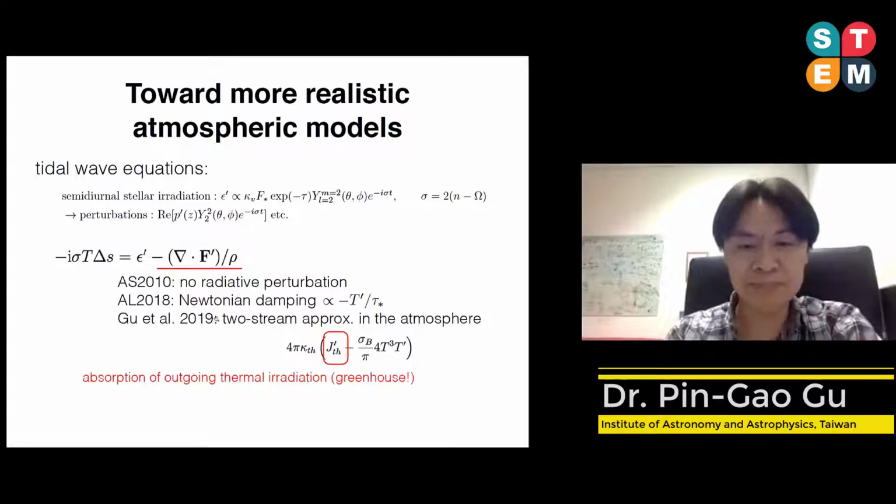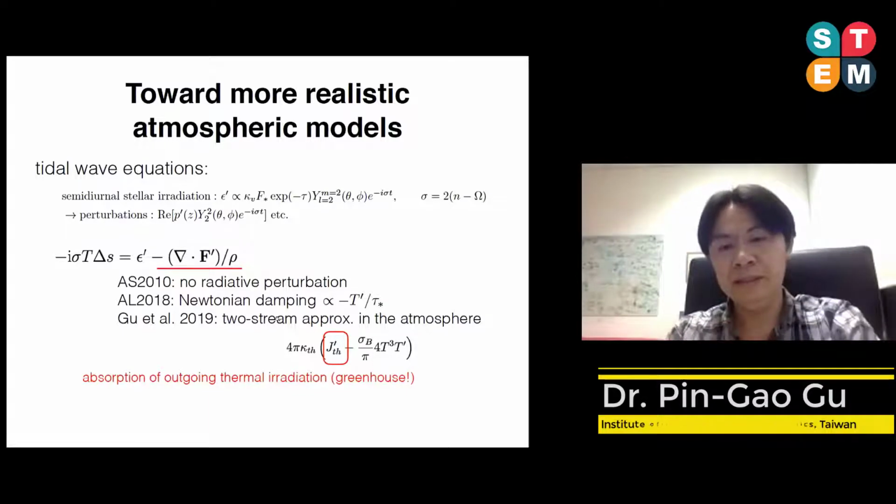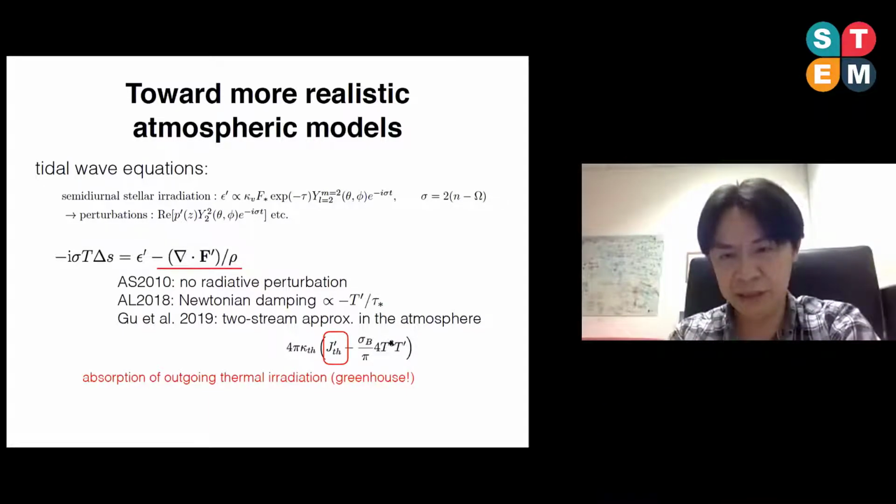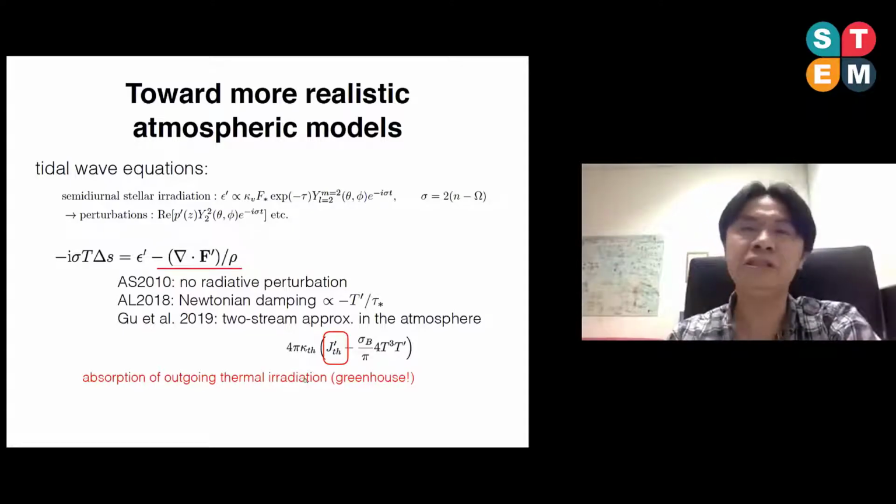In our work, based on the two-stream approximation, we can recover this term. It is similar to the Newtonian cooling, but there is an additional term associated with absorption of the thermal irradiation, due to the greenhouse effect.